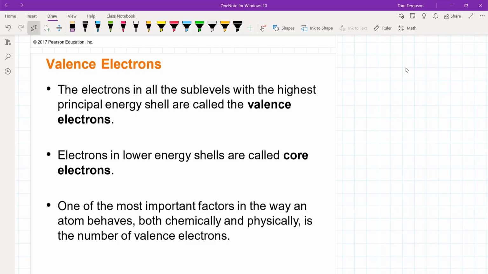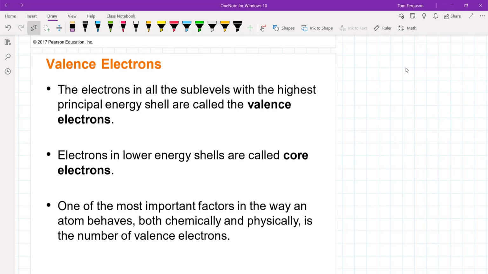There are 2 kinds of electrons in atoms: valence electrons and core electrons. Valence electrons are the electrons in the outermost orbital, the outermost shell. That includes S, P, D, and F electrons. The core electrons are the ones where all available orbitals are full.